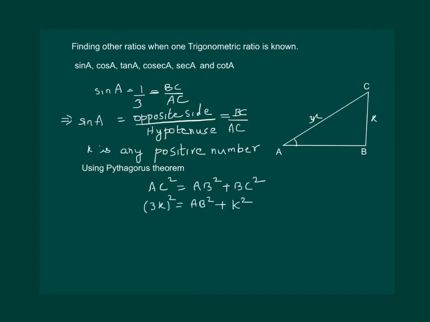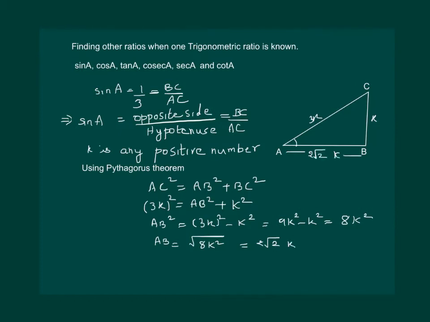We substitute the values of AC and BC and find the value of AB square equal to 3k whole square minus k square, which is equal to 9k square minus k square equal to 8k square. Then AB equal to under root of 8k square, which gives us AB equal to 2 root 2 times k.